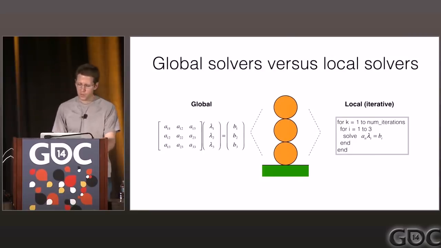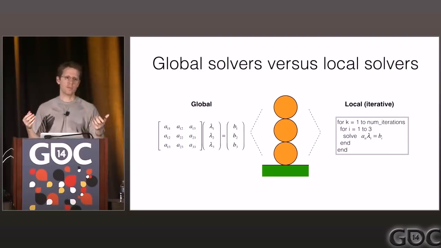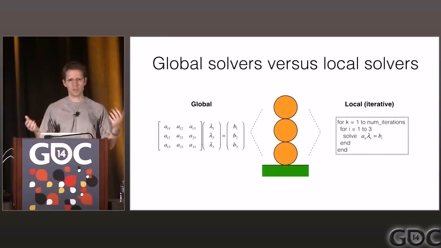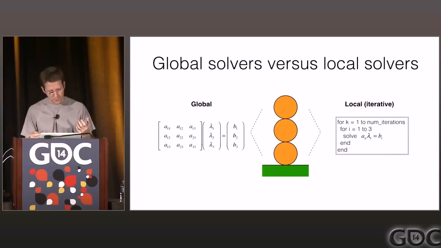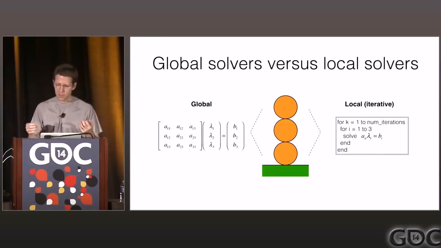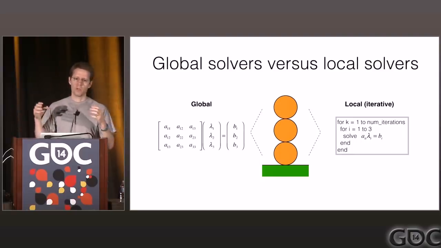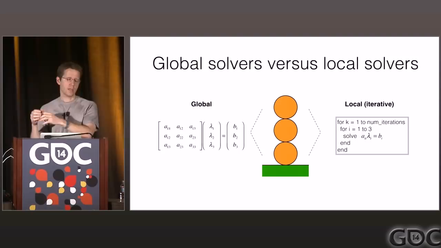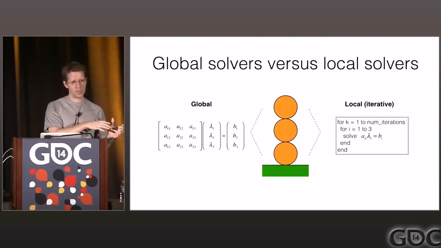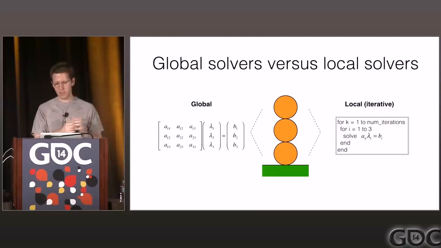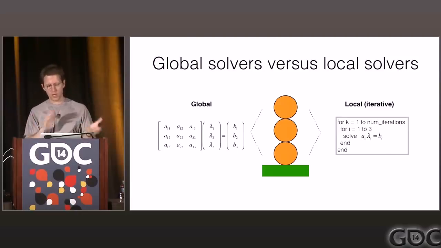All right, so that was a single constraint that I solved. In game physics, we're going to have lots of constraints, and we have to solve all these constraints together. This problem is much more difficult because when you solve one constraint, that can introduce error in other constraints, because you're tweaking the velocities of all these rigid bodies, and they're all interrelated.